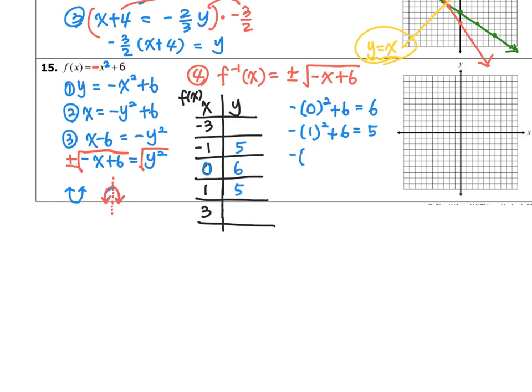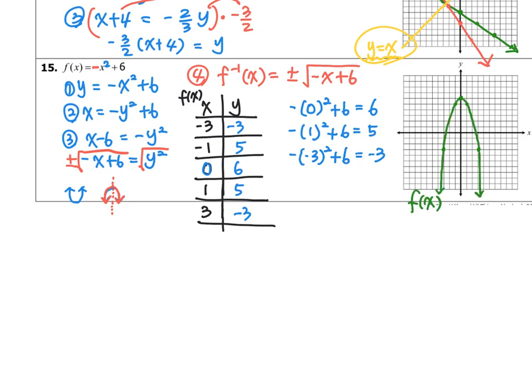When x is -3 or +3, that will be the same result. So 3 squared is 9, so -9 plus 6 will be -3. I plotted those points already, so now let's make a smooth U shape.